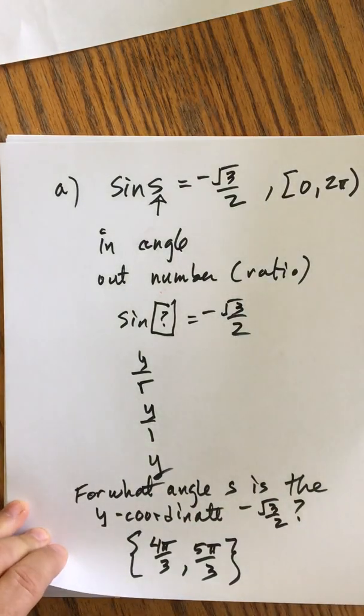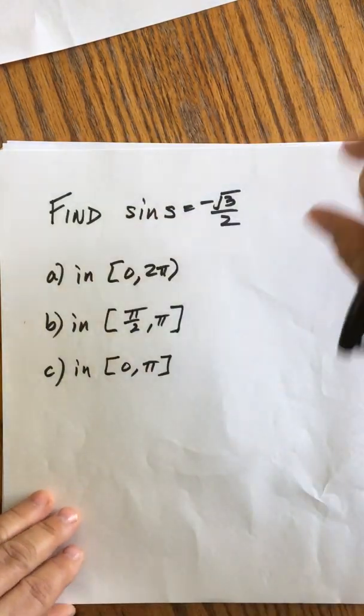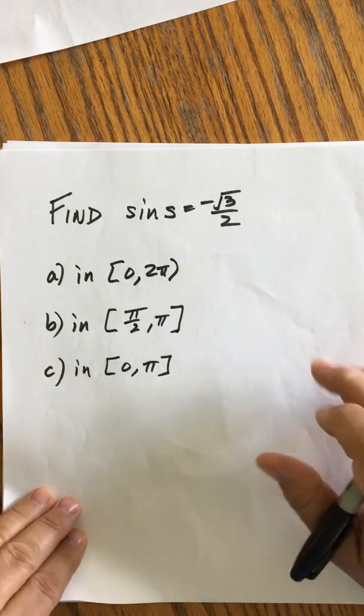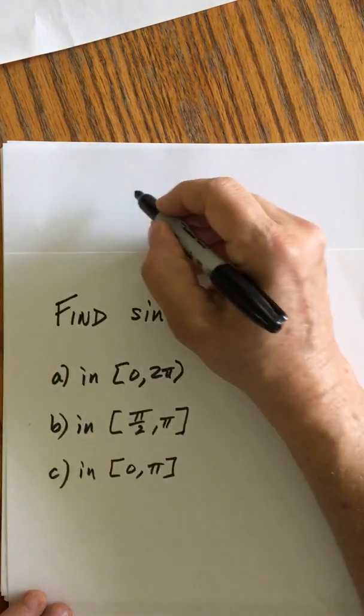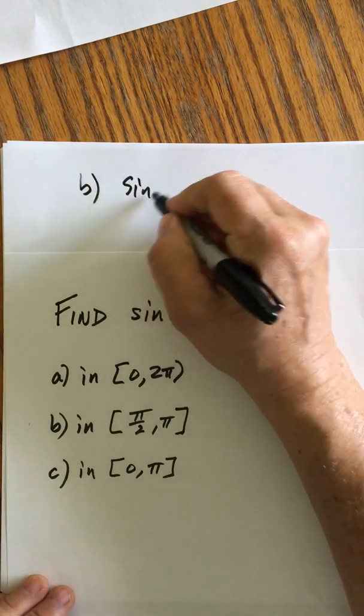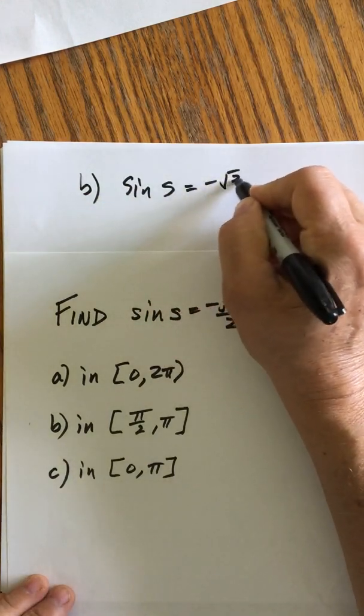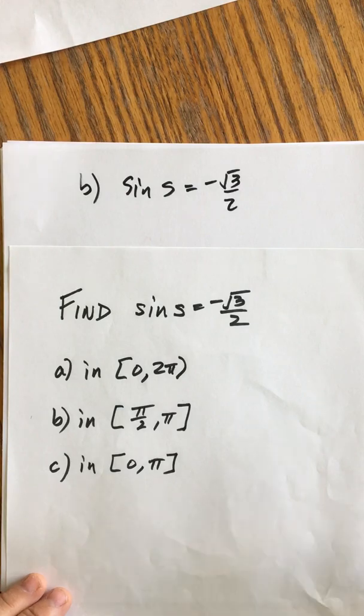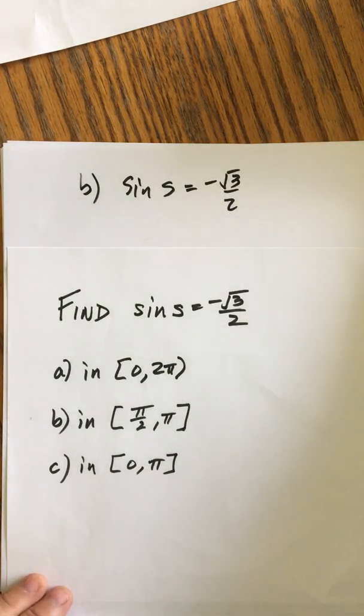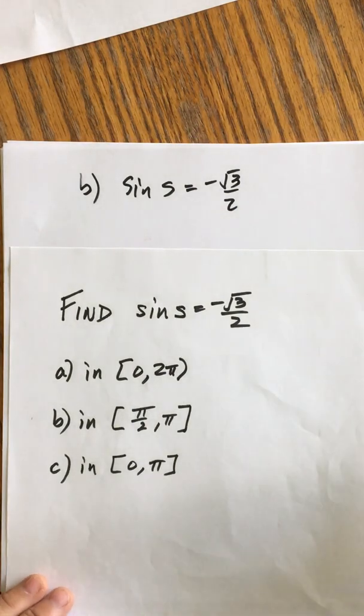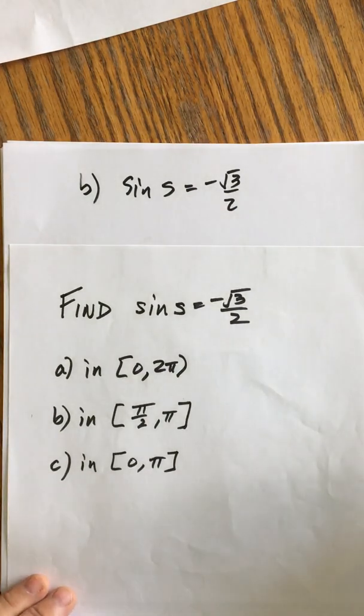Let's look at B. For B, we have the same question: where is sine of an angle equal to negative square root 3 over 2? Pause for a moment and see if you can translate that. What question would you ask yourself in your head, because that's what we're building as language.